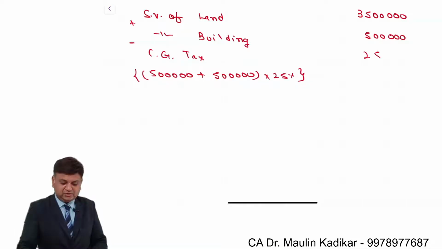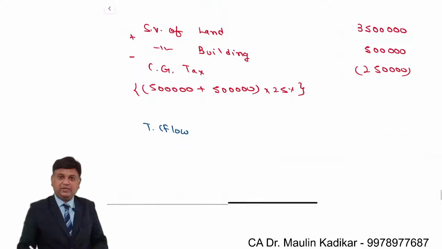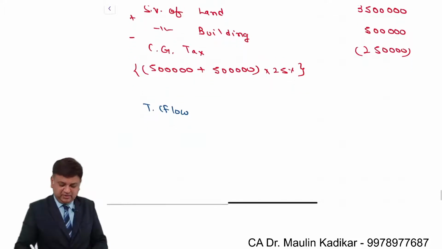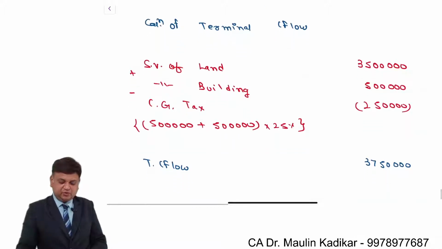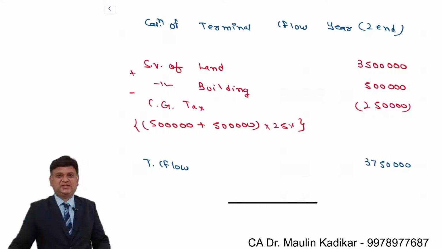So 2,50,000. So terminal cash flow, 40 minus 2.5, that is 37,50,000. And this is the amount I'd say we are going to receive year to end. That is what we understand.